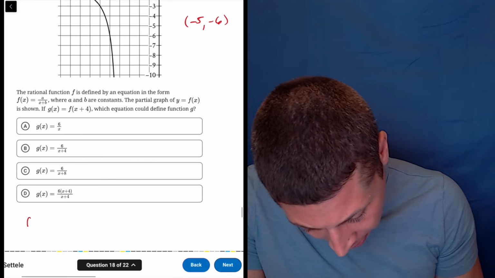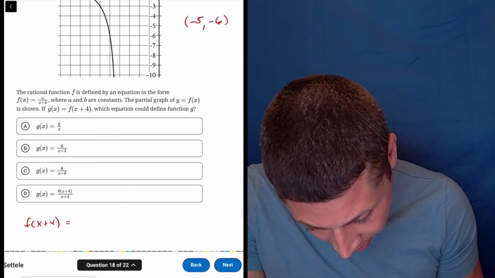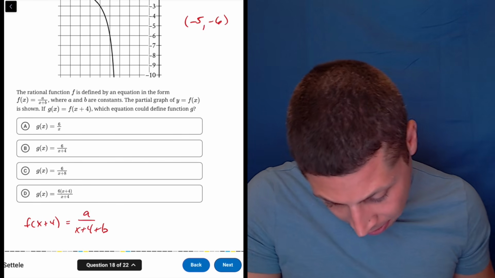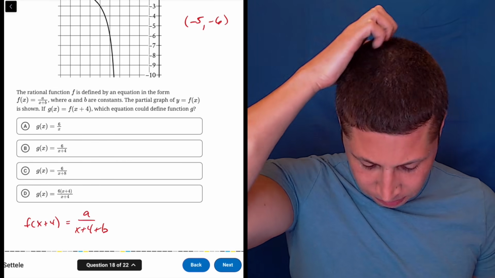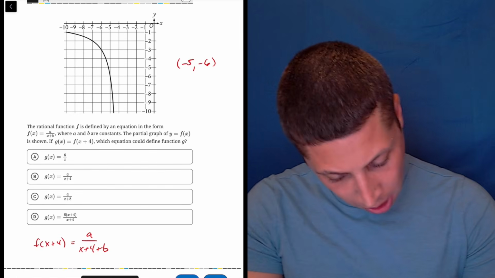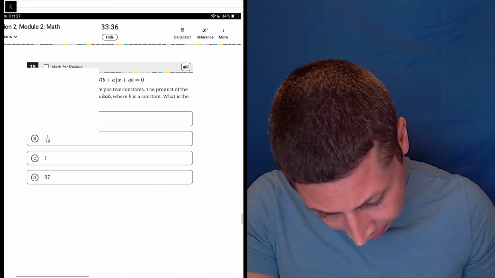Can I just do f of x plus 4 is a over x plus 4 plus b? So I don't know what they want me to do here. This is a confusing one. Yeah, honestly, I would skip this if I were really taking the test.